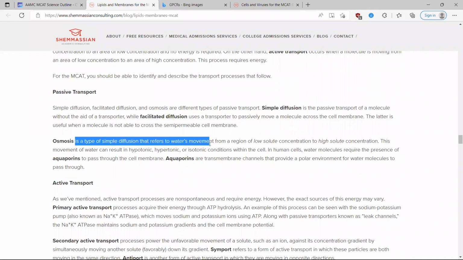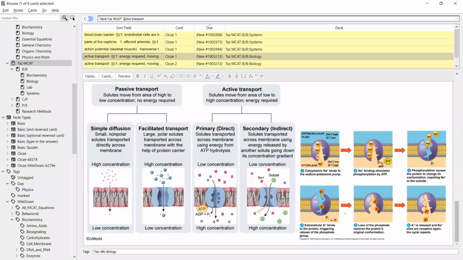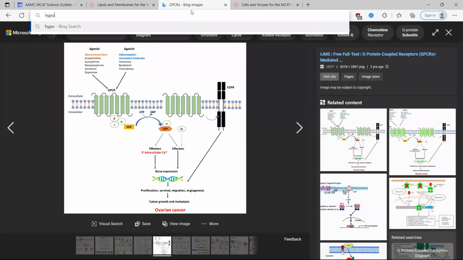Osmosis is water's movement from low solute to high solute, or in other words, from high water concentration to low water concentration. You've probably heard of hypotonic, hypertonic, or isotonic conditions. That means how the cell compares to the environment.